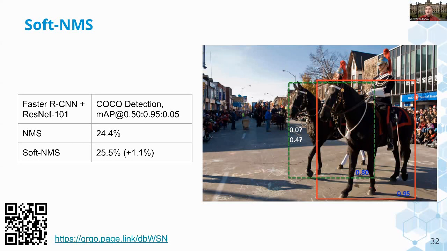So literally by changing one line of code in NMS, we can improve results on the COCO dataset by 1% without any overhead during the inference phase.